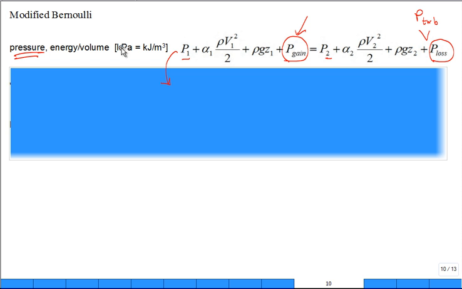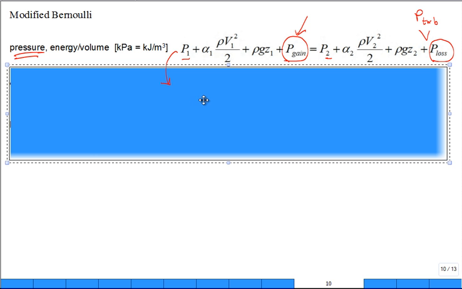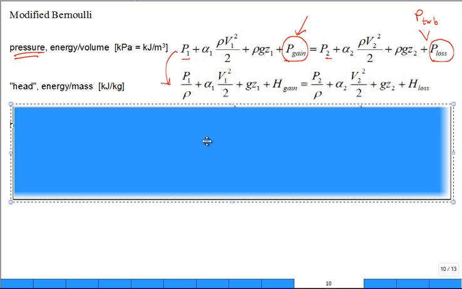How did they move to the next modified Bernoulli's equation? What did they do? Divided the whole equation by rho g, and we interpret each of the terms in there, even with this pressure gain and pressure loss because of friction and the gain of a pump, as energy per unit mass, some head, and there they are.